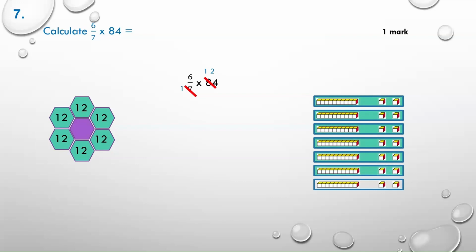That is what we're interested in, 6 out of the 7. So if we count the tens, we have 6 tens are 60, and we have 12 on that side, that's 72. So 6/7 multiplied by 84 is 72.